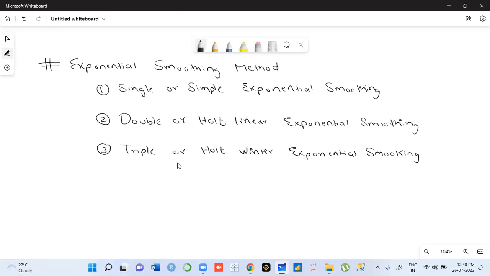Yes, RMSE you have written. Yes, MSE is covered. So you have just written the accuracy part, not the theory of this, not the first one also. Single exponential.